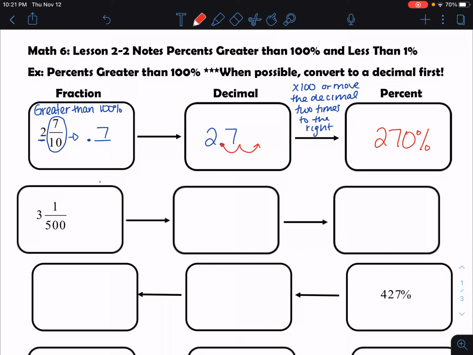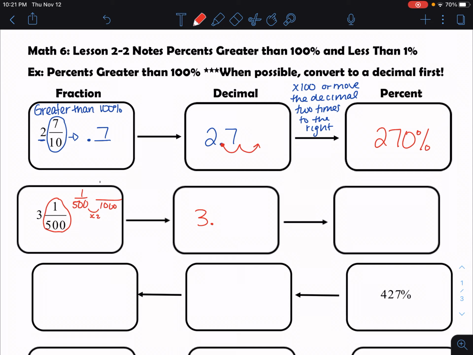So the next one says 3 and 1 over 500. So I'm going to start with 3 and then a decimal. Now I'm going to deal with the fraction. In order to change this into a decimal, I have to get the denominator to be a power of 10: 10, 100, 1000, etc. So I'm going to look at 1 over 500 and try to get it to 1,000.